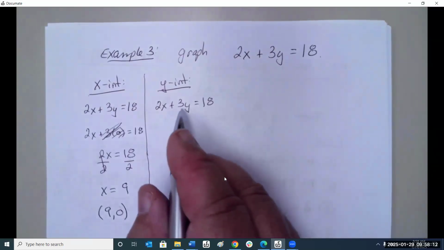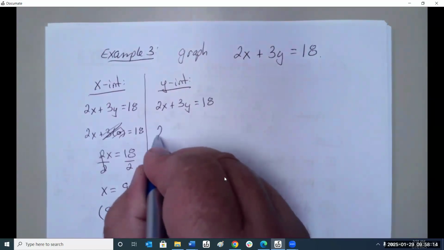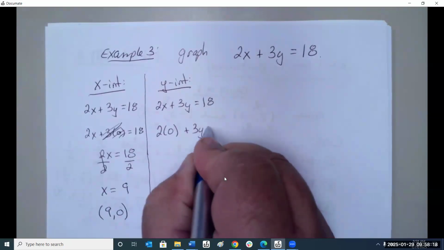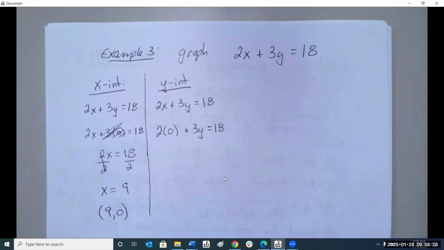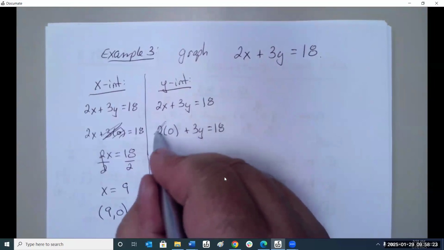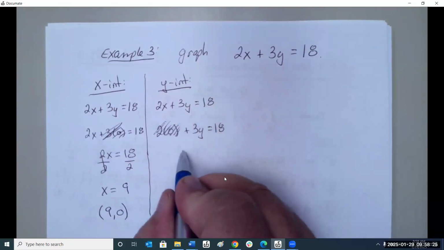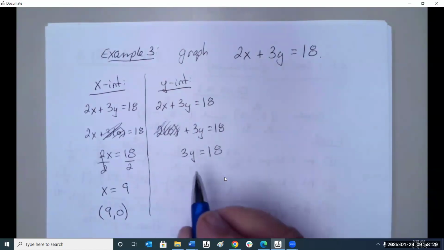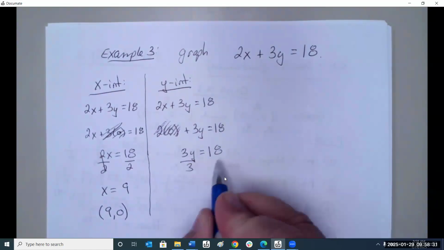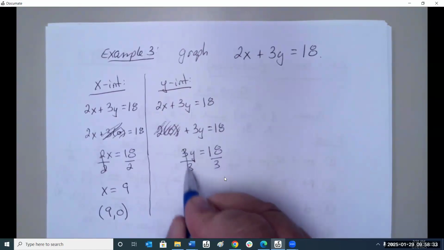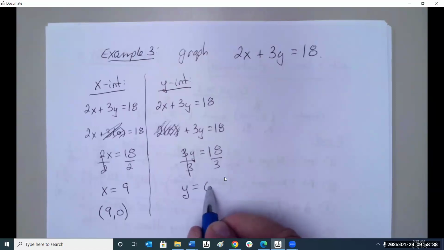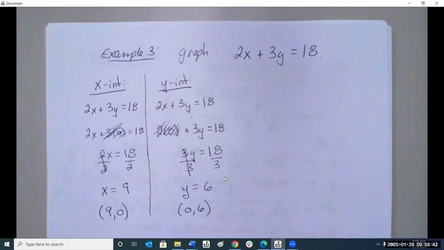The same thing for the y-intercept, but this time we set x equal to 0. Two times 0 is 0, so it disappears. 3y equals 18. Divide both sides by 3. 18 divided by 3 is 6. So my y-intercept is at 0, 6.